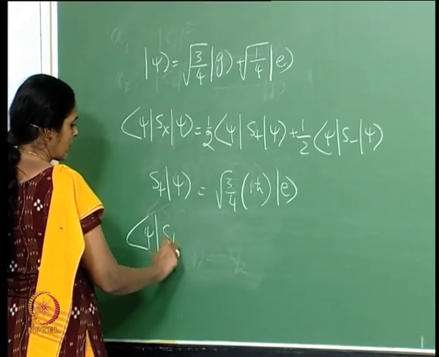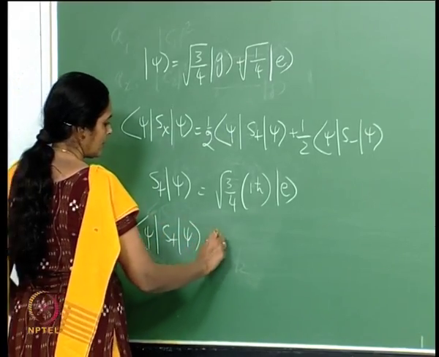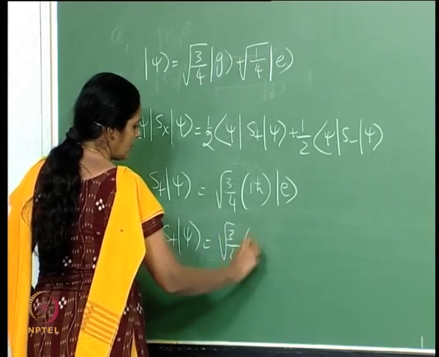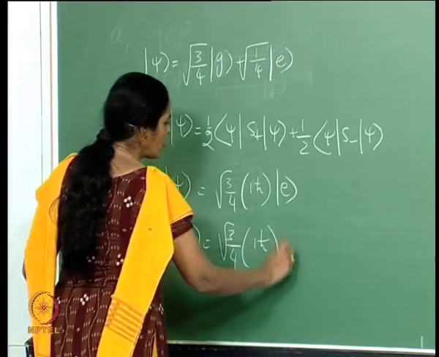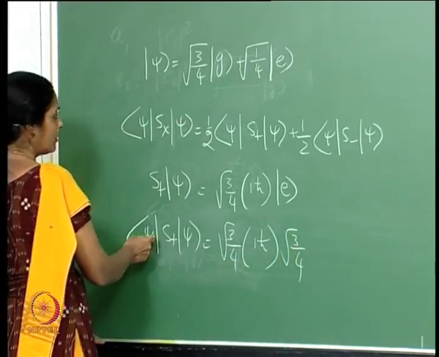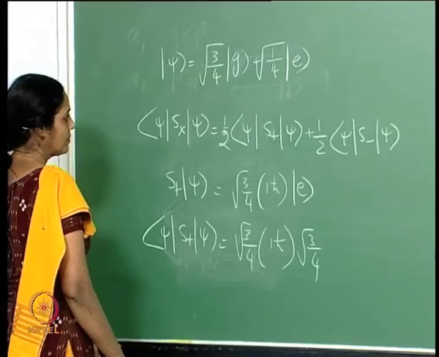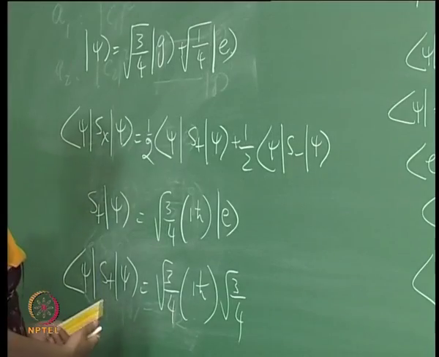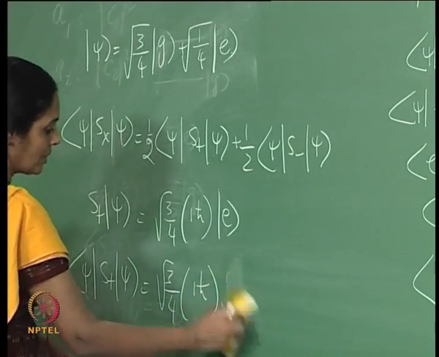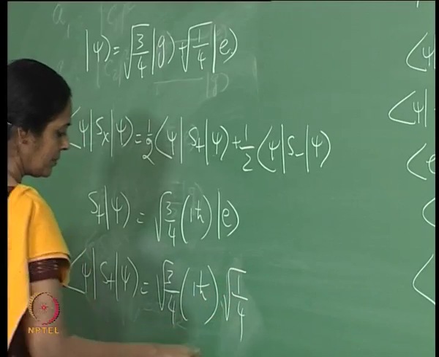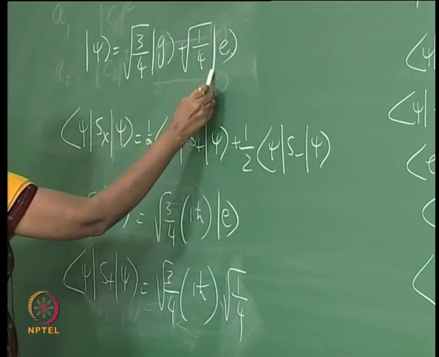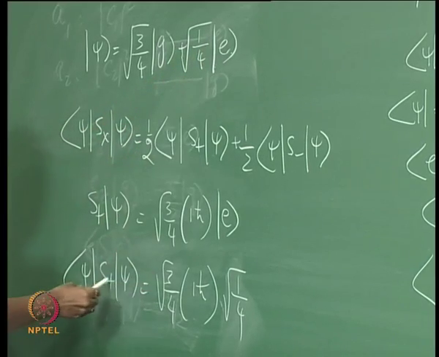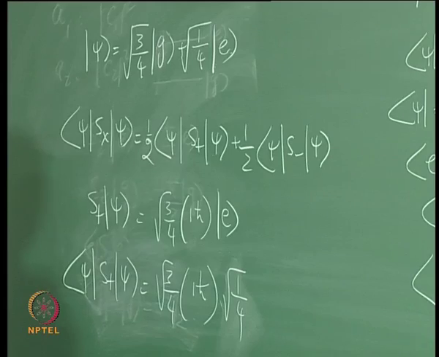Therefore psi S plus psi is root 3 by 4 times 1 h cross times the root 3 by 4 from this part times the root 1 by 4, because this part of psi would contribute to the expectation value.